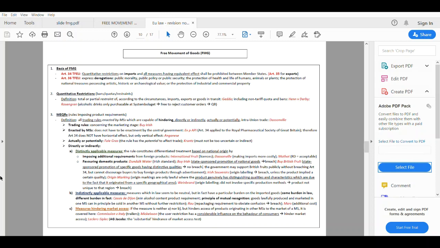Another type of distinctly applicable MEQR is buy-national campaigns, which were considered by the Court of Justice in the case of Commission v Ireland. However, not all types of buy-national campaigns will be considered an MEQR. So we should consider the case of Apple and Pear Development Council.